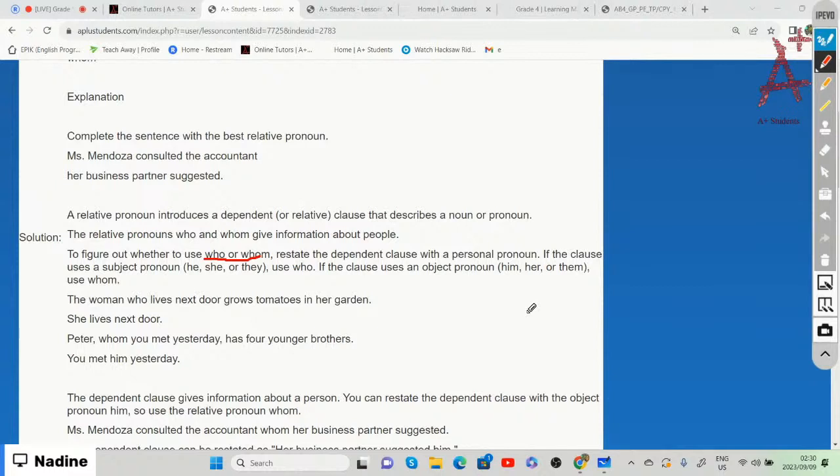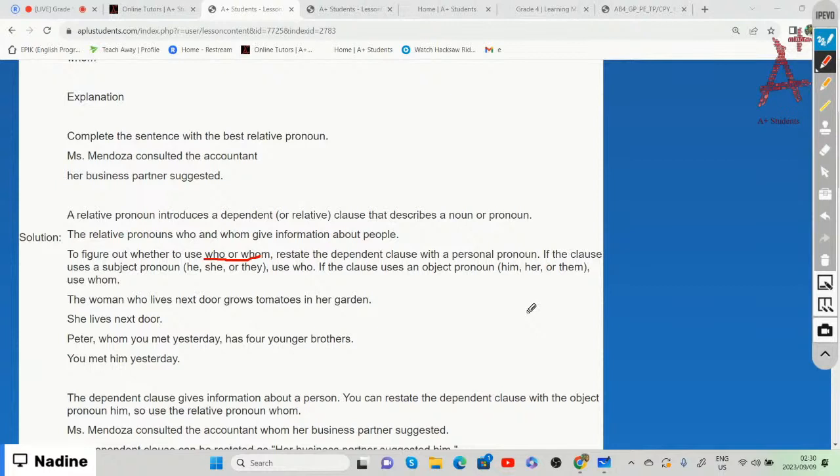And then we have Peter, whom you met yesterday, has four younger brothers. Whom you met yesterday has four younger brothers. So when it comes to identifying the relative pronoun, we choose whom, and we also said whom refers to or gives us information about people.